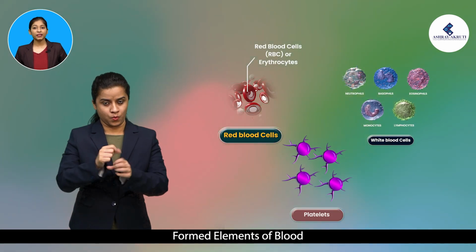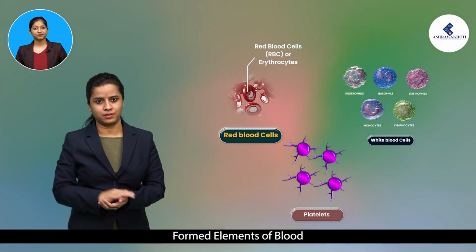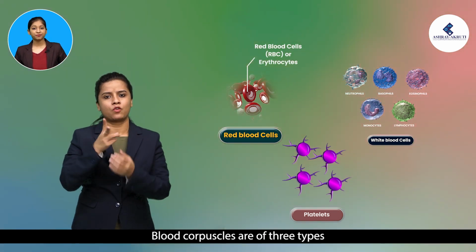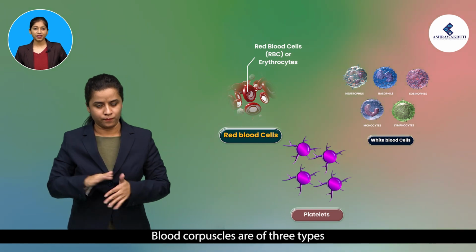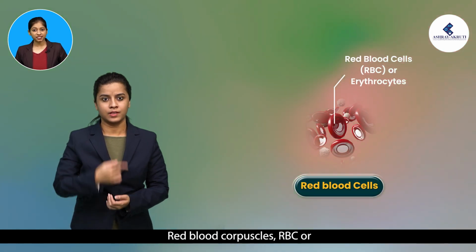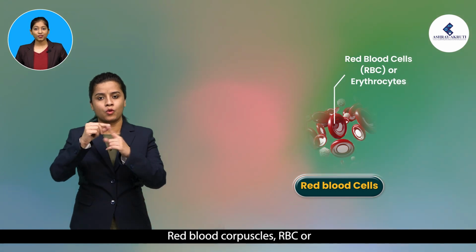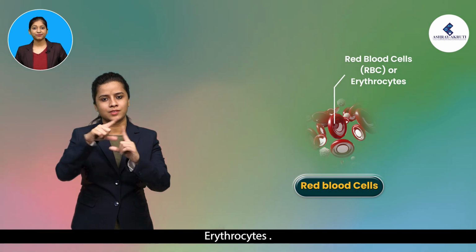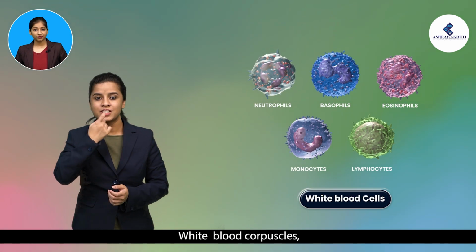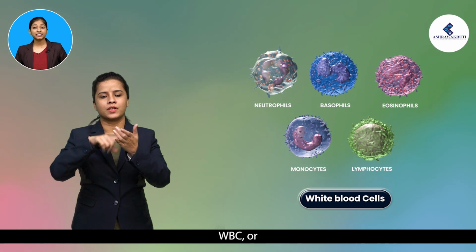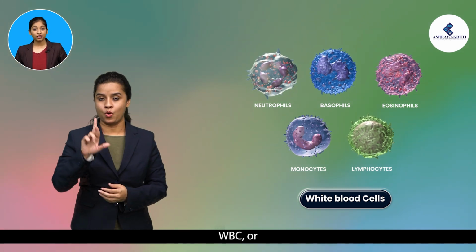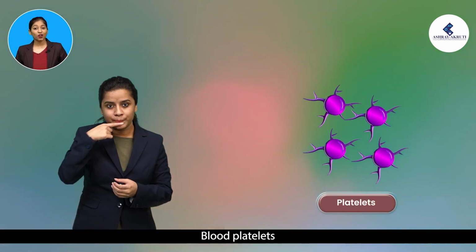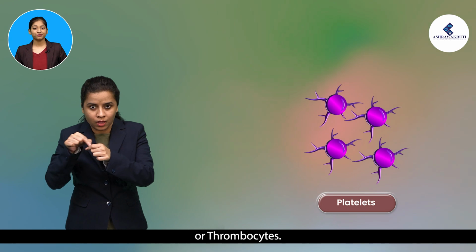Formed elements of blood. Blood corpuscles are of three types: red blood corpuscles, RBC, or erythrocytes; white blood corpuscles, WBC, or leukocytes; blood platelets or thrombocytes.